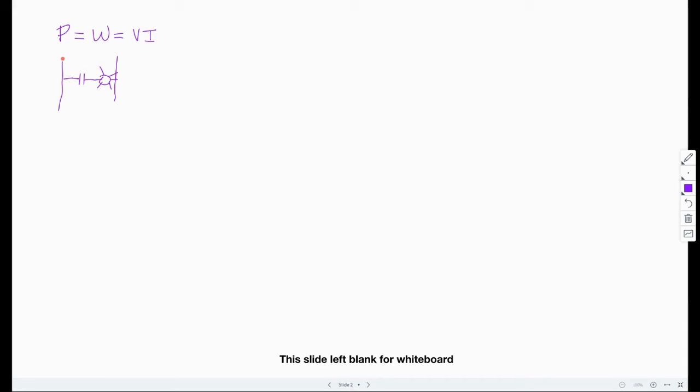So voltage is the potential, how much push there is between this wire and this wire. That's what voltage is. Current is how many electrons flow from one side to the other. Electrons flow to try and equalize the potential between both sides.